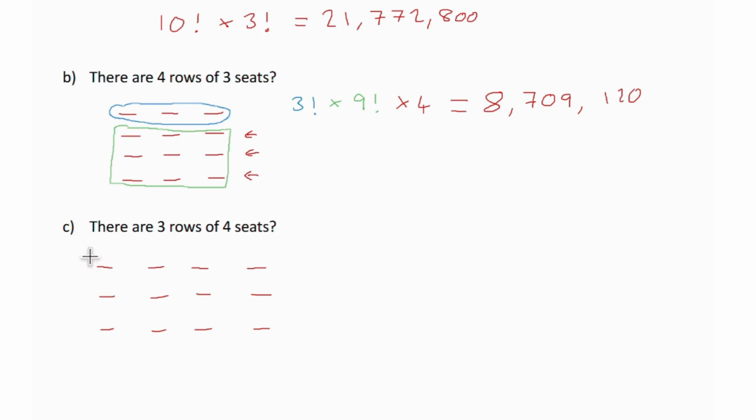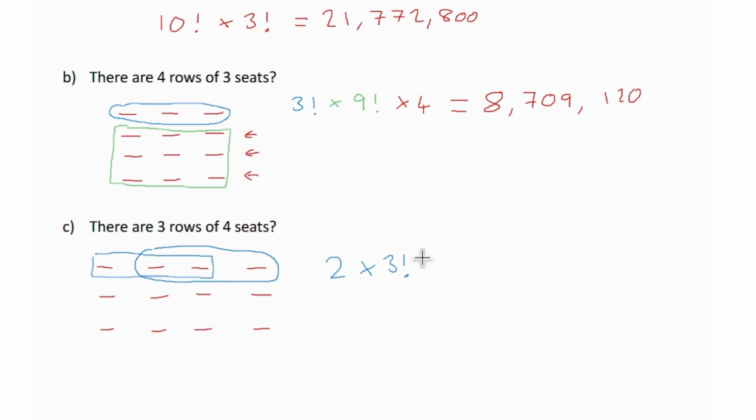Well, if they're sat in row 1, they could be sat here, or they could be sat there. So, assuming they're in row 1, there are 2 different places they could be sat in. They could be sat on the left end or the right end. And in each of those, there are 3 factorial ways they could be organized, because that's the 3 factorial ways of organizing A, B, and C in whichever block they're sat in.